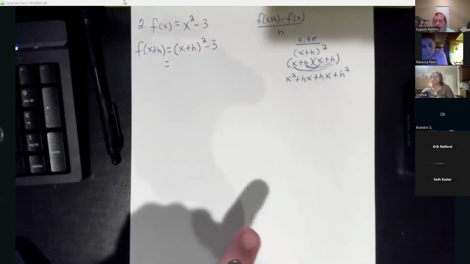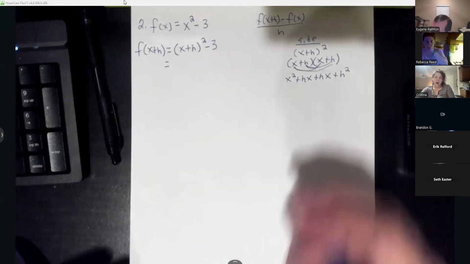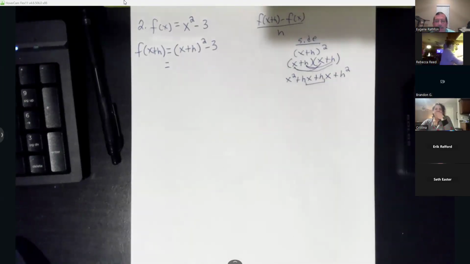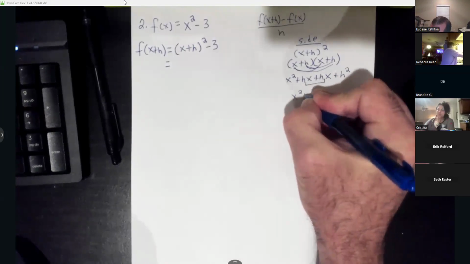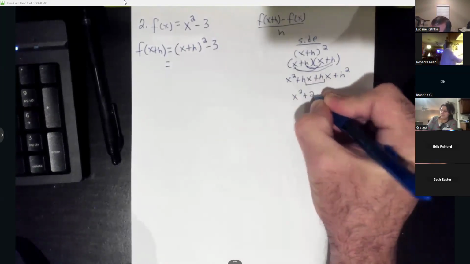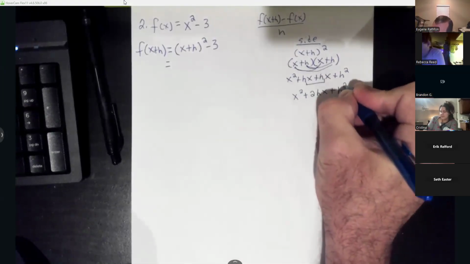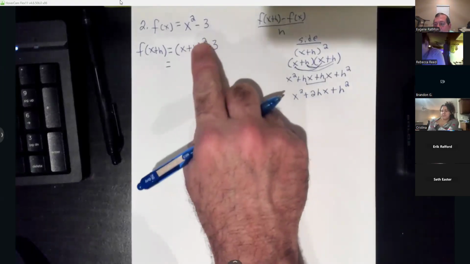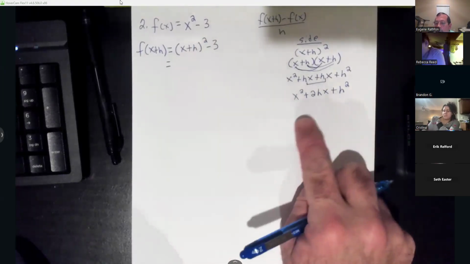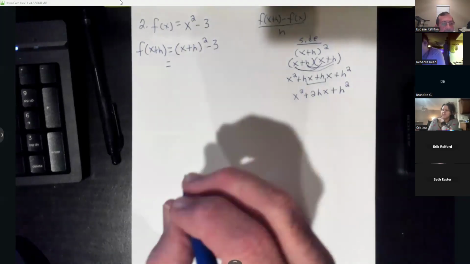So can I go further with that? Oh, Carlithia, good job. We got like terms in the middle, y'all. That's going to give me an x squared plus 1 and 1 give me 2hx plus h squared. So y'all, anytime we get an x plus h squared like this, we're going to put this in there for that, okay? So good job over there.